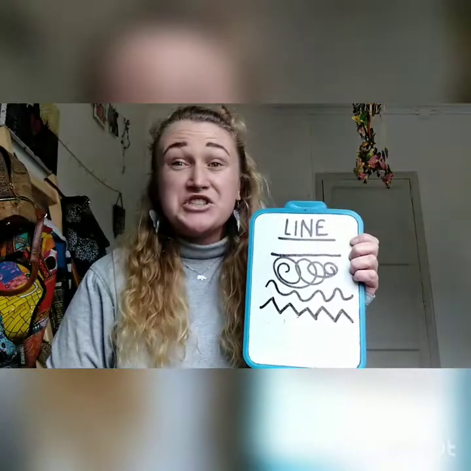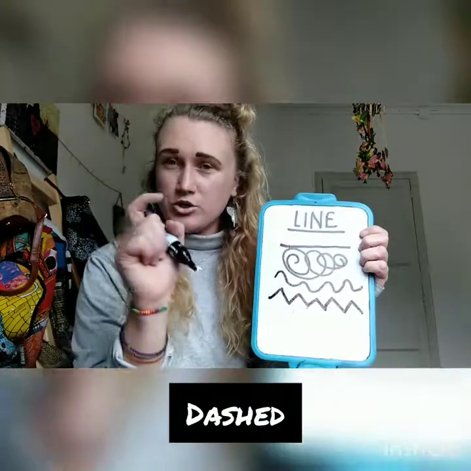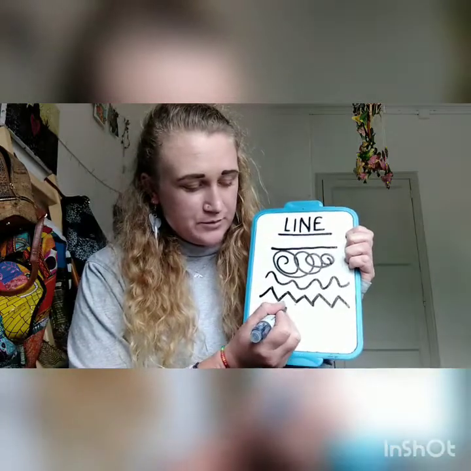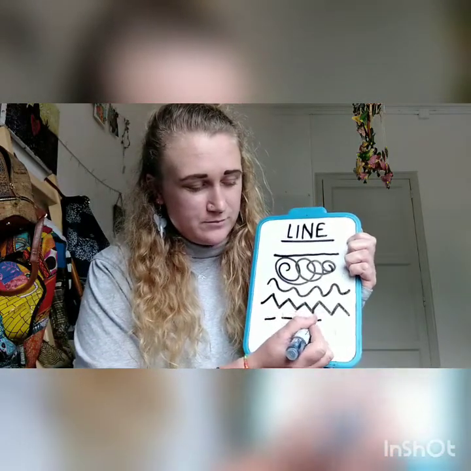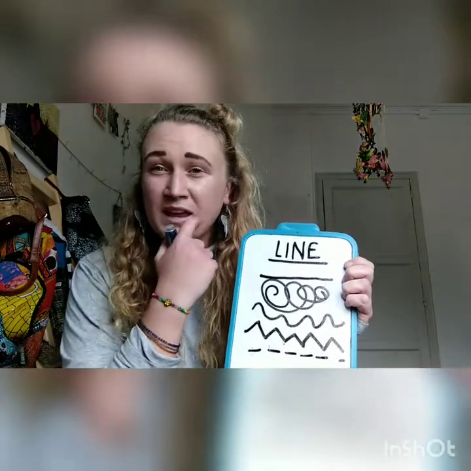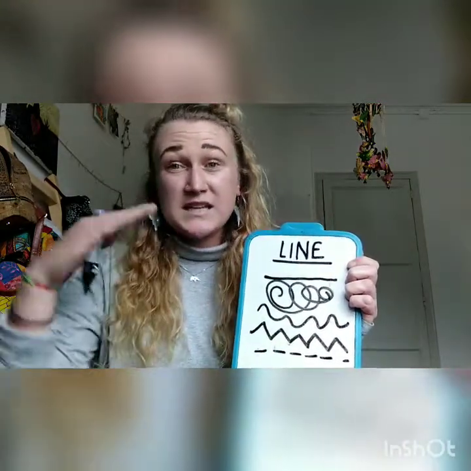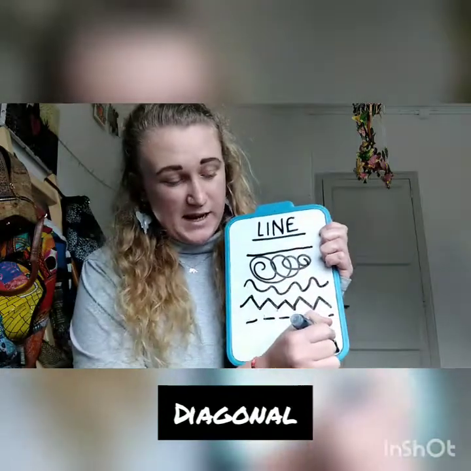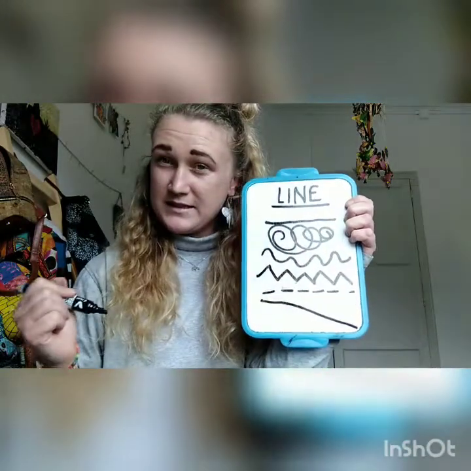They can be dashed, which means they're not joined together, so still a line, but a dashed line. They can be diagonal, like this. Next, I'm going to show you a picture which shows some different types of lines. See if you can identify them from the different names that I've just taught you.